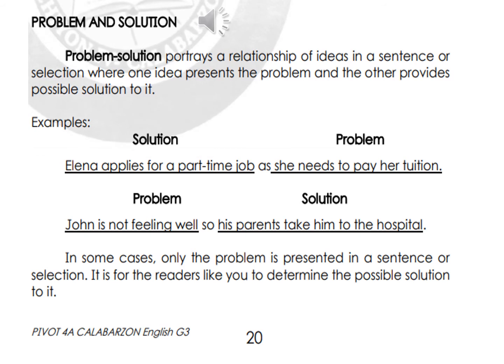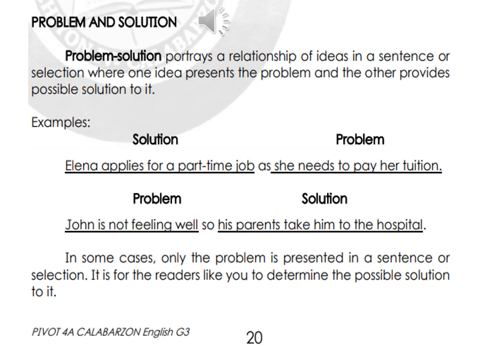Now let's focus on the lesson. Problem solution portrays a relationship of ideas in a sentence or selection when one idea presents the problem and the other provides a possible solution to it.